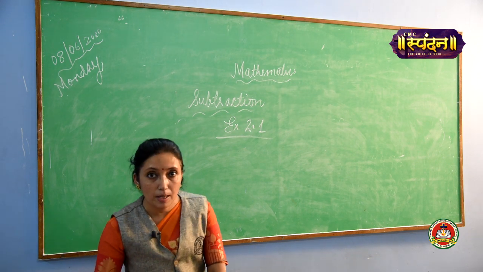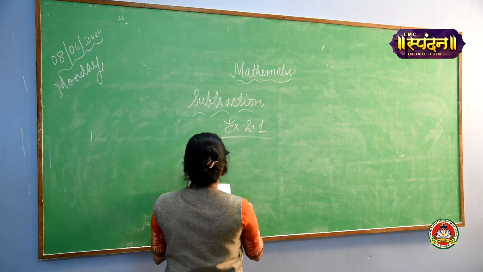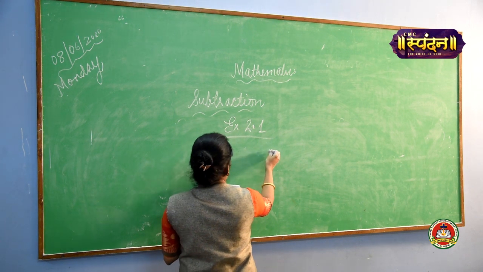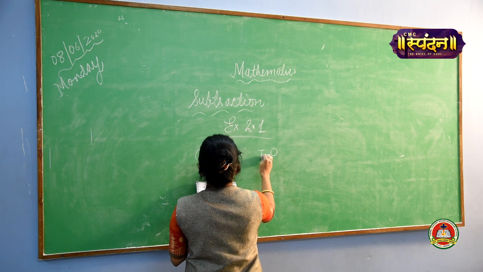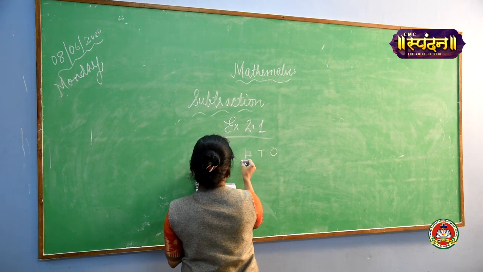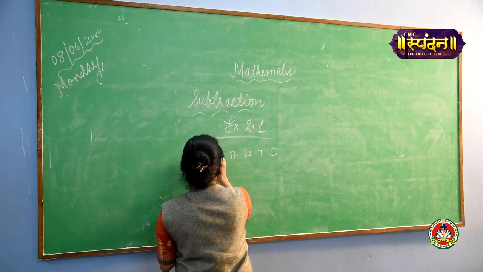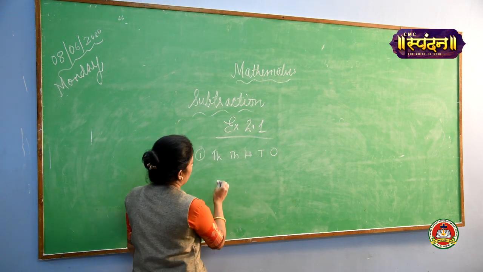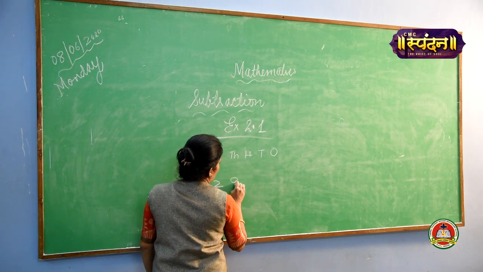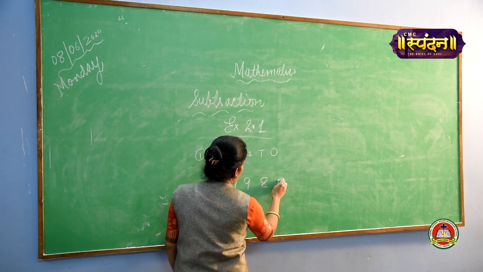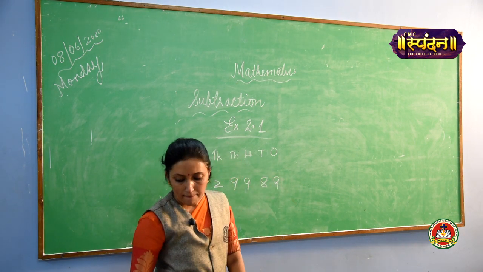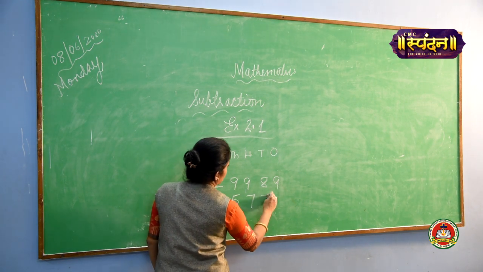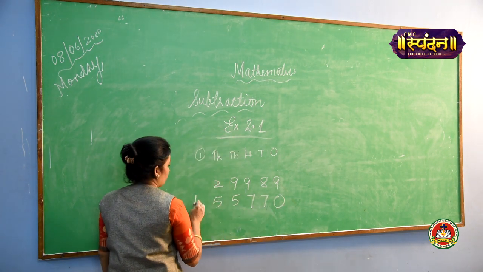I have some numbers that I am going to note down. Ones, tens, 100, 1000 and 10,000. The values are 2, 9, 9, 8, 9, and 5, 5, 7, 7, 0.